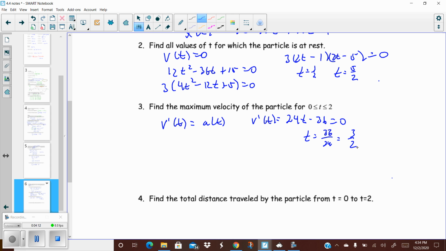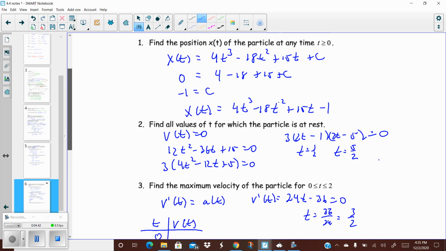It doesn't say it wants a local maximum or minimum. It wants the maximum, which means that the maximum could occur at an endpoint or at a critical value. So we need to test our velocities at the given t values: at 0, 3 halves, and at 2.